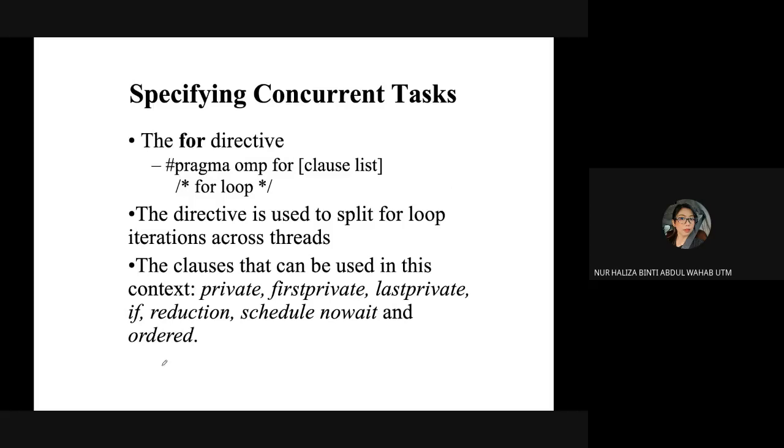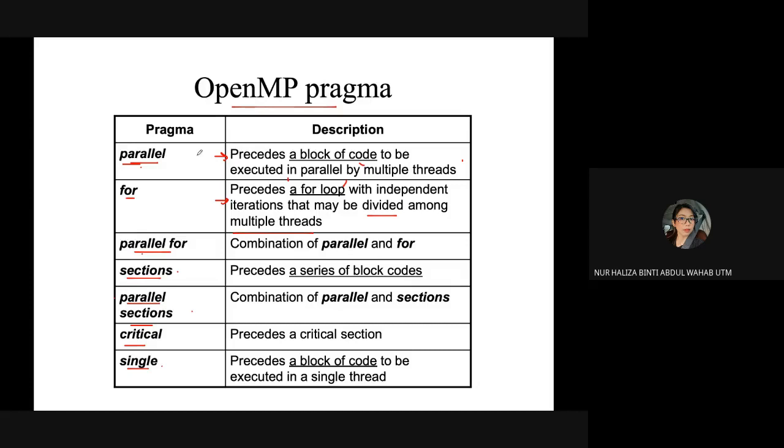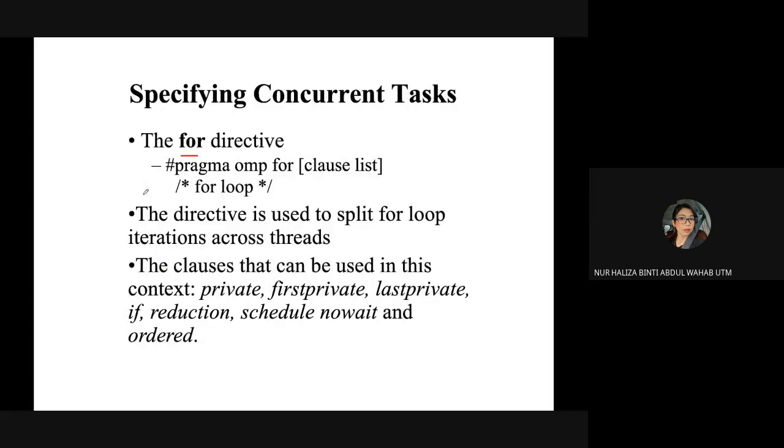So you need to know how to specify a concurrent task. Let's say you were given the task, right? So how are you going to specify that concurrent task? The for directive, which is stated over here, the for directive under your pragma.